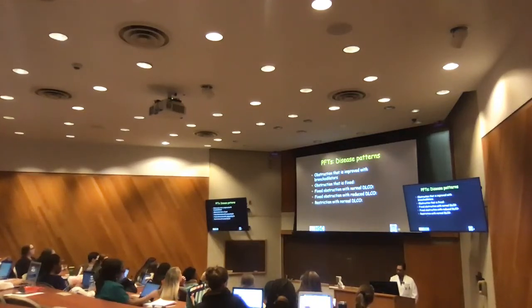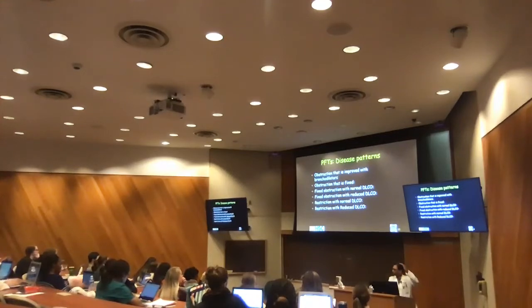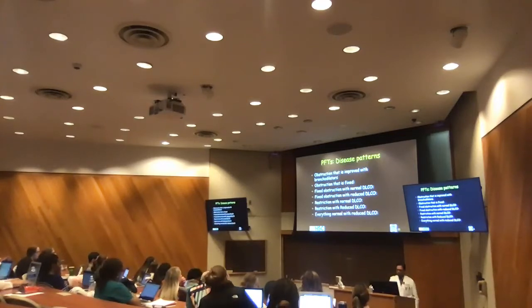And there's another scenario where you can have restriction with a normal DLCO. We'll talk about why and when that happens. And then restriction with reduced DLCO, just like the example that we saw: the FVC was low and the DLCO was also low. And the last pattern is where everything is normal with a reduced DLCO. So these are the patterns.